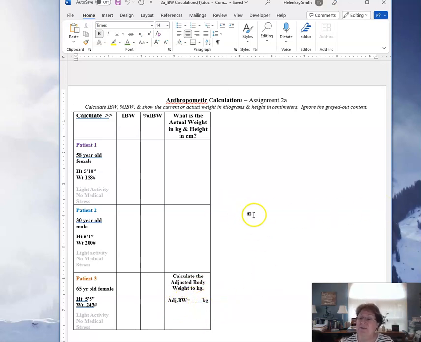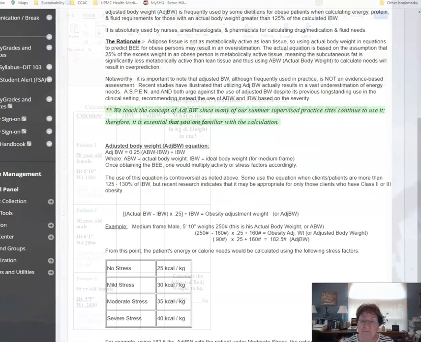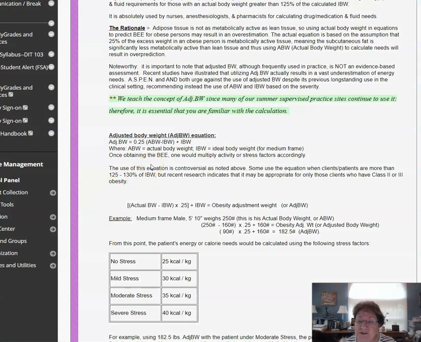The rest of this page that's all blank to the right of these columns, in next week's assignment, you're going to be filling in some additional columns. So we're laying the groundwork for that information right now. All right, back to our course content.